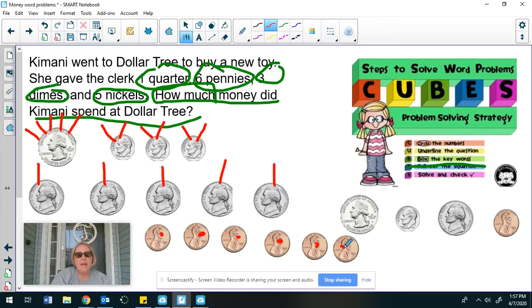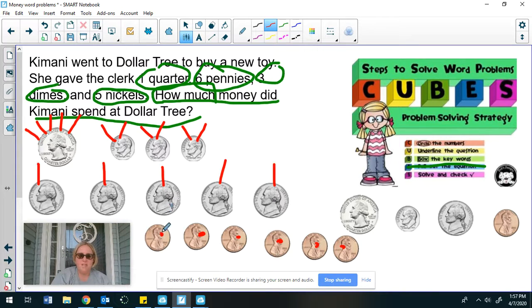Now I can use my hairy money strategy to help me count this group of coins. I'm going to count each hair by fives and each freckle by ones. Get ready? Count with me. 5, 10, 15, 20, 25, 30, 35, 40, 45, 50, 55, 60, 65, 70, 75, 80.